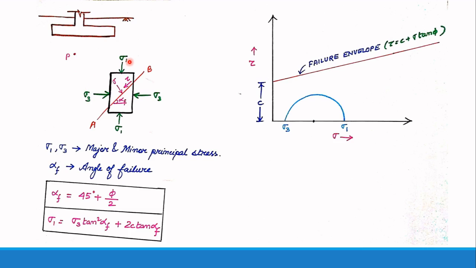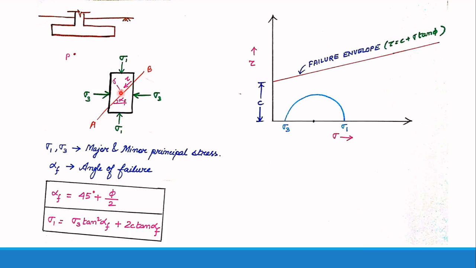Mind you, sigma 1 and sigma 3 are principal stresses, something you have learned in strength of materials. Sigma 1 is the major principal stress and sigma 3 is the minor principal stress, so obviously sigma 1 is greater than sigma 3. Now let us suppose that because of sigma 1 and sigma 3, the soil fails due to shear along the plane AB.